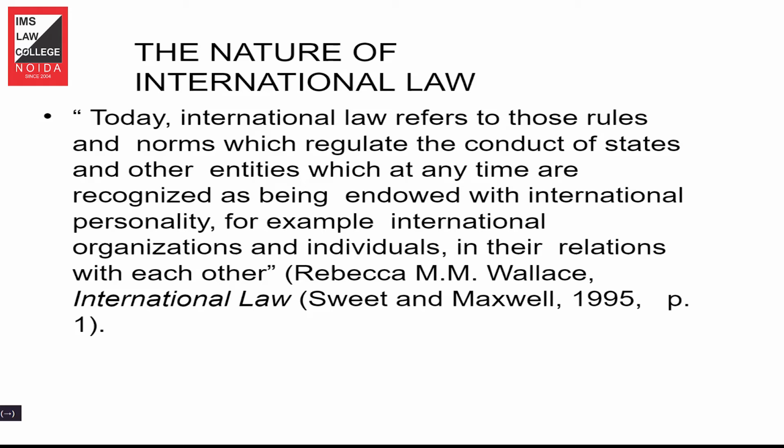The range of subjects and actors directly concerned with international law has widened considerably, moving beyond the classical questions of war, peace, and diplomacy to include human rights, economic and trade issues, space law, and international organizations.